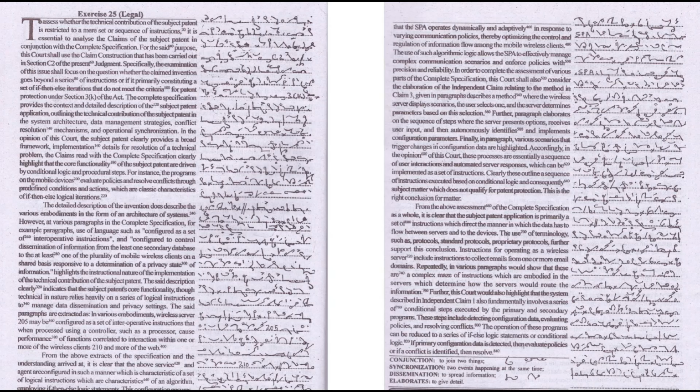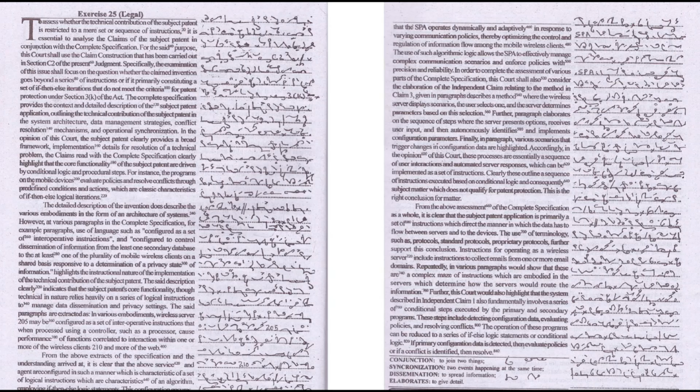Further, the paragraph elaborates on the sequence of steps where the server presents options, receives user input, and then autonomously identifies and implements configuration parameters. Finally, in the paragraph, various scenarios that trigger changes in configuration data are highlighted.